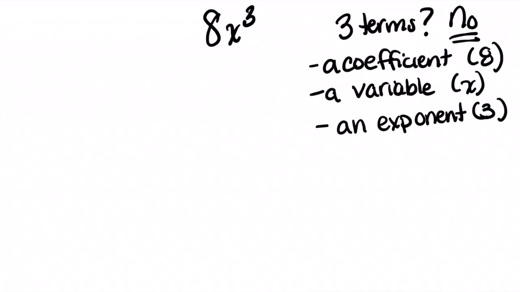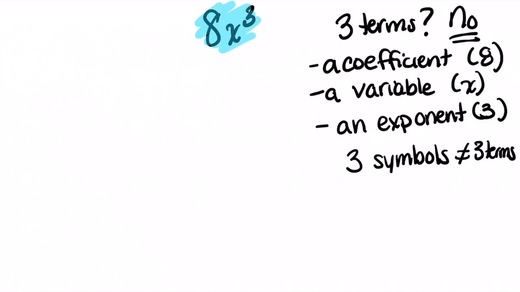So she saw 3 symbols. So there are 3 symbols, but this is not the same as 3 terms. Not the same. All right, so all together, this does make up 1 term.